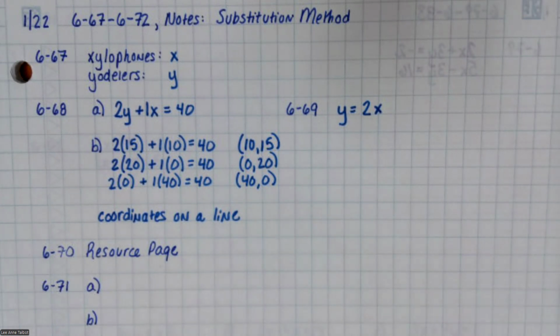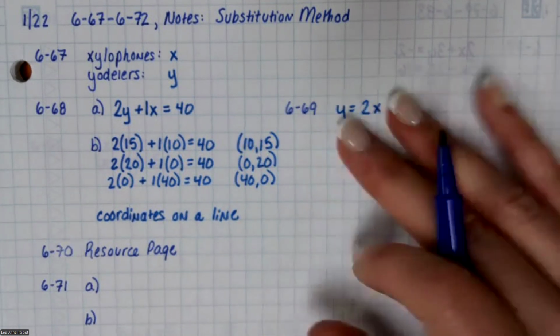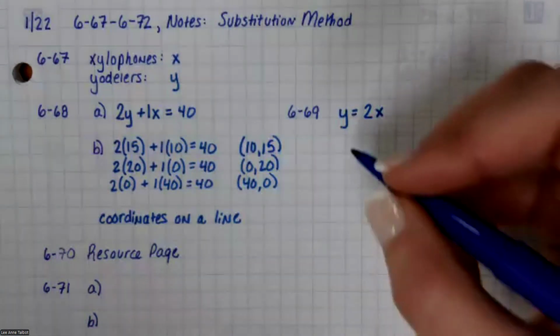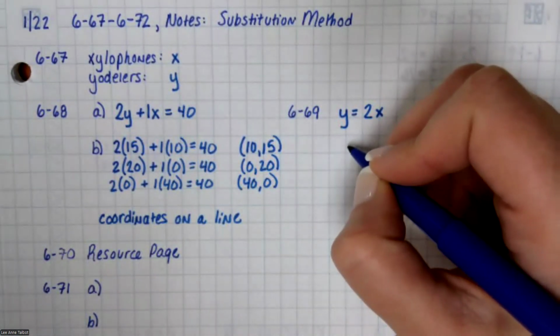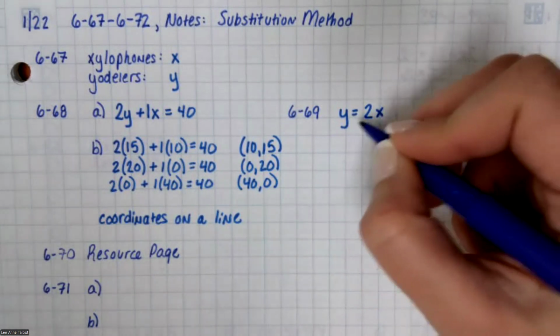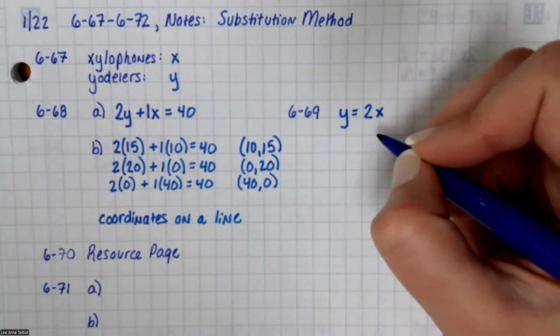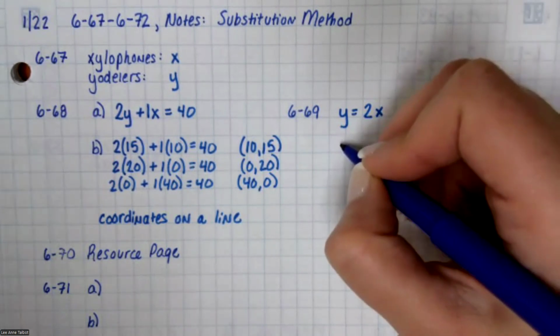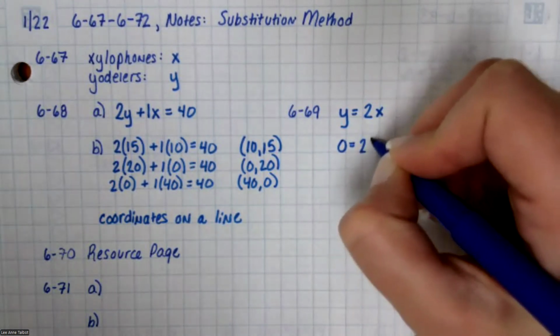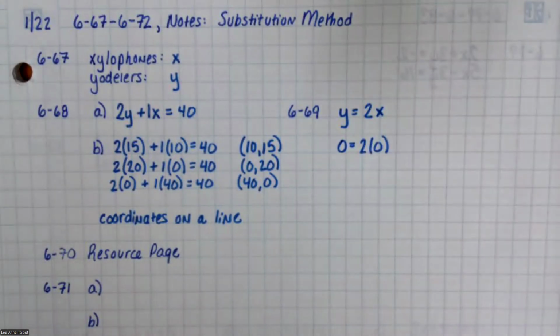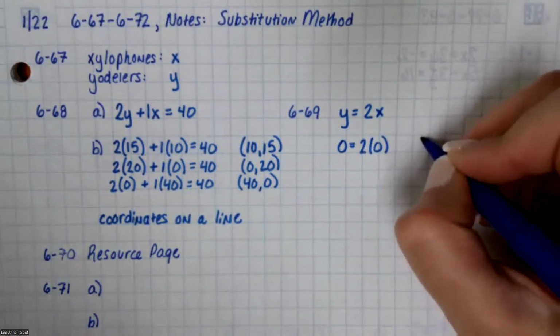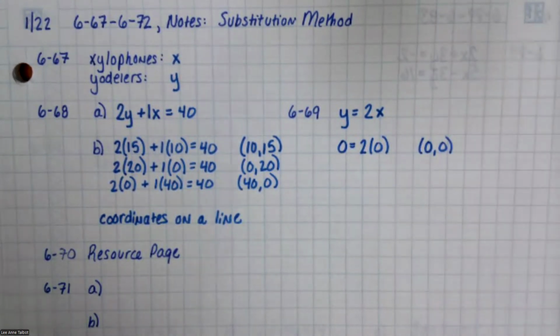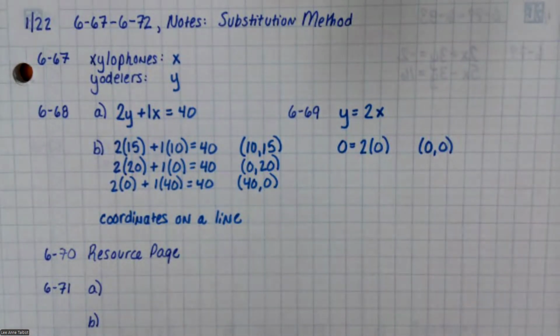Okay, now let's go figure out some coordinates that work for this. What will work here? 0 equals 2 times 0. Will that work? What's another solution?